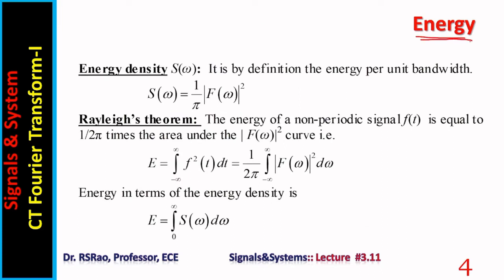Energy. Signal usually refers to either voltage or current. Sometimes it may refer even to a field, electric field or magnetic field. Voltage, current, they are associated with power and energy.